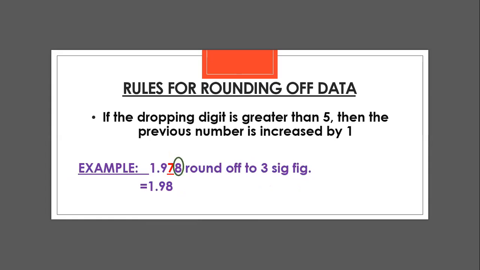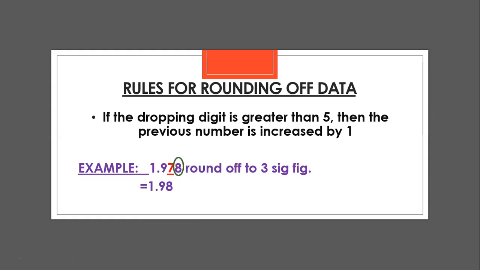Second point, if the dropping digit is greater than 5, then the previous number is increased by 1. What does this mean? Let's see another example, 1.978, and I have asked you to round it off to 3 significant figures.